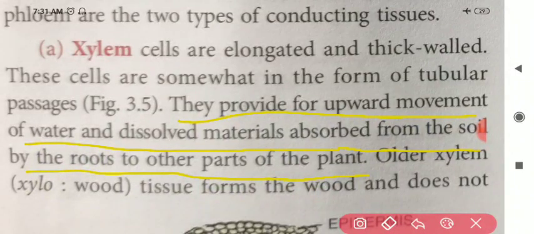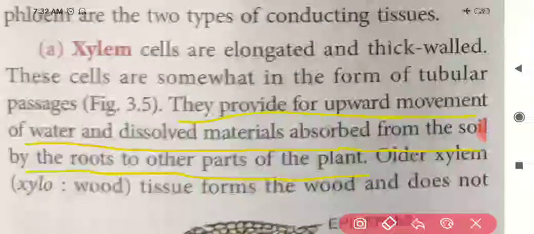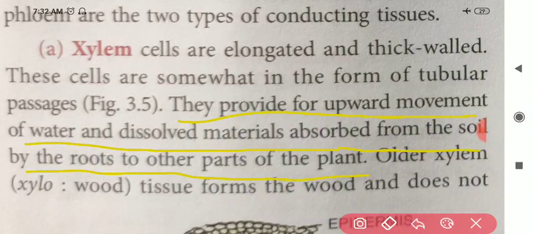Clear? It means xylem carries water and minerals from the roots to different parts of the plant. So note this line down in the notebook about xylem.